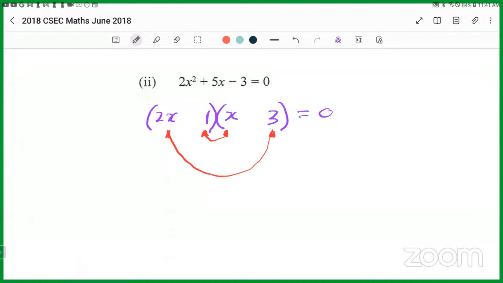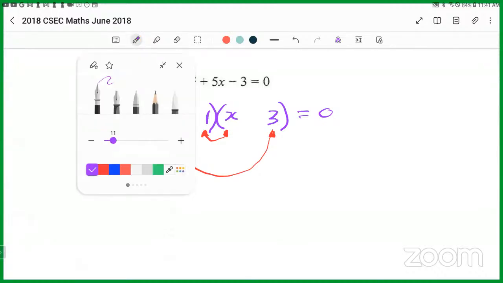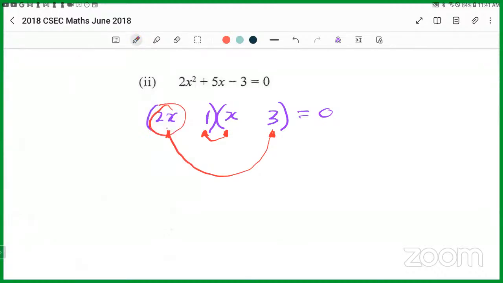I'm going to test the far product and near product again. This time, the far product out here is 6x, and the near product right here is 1x. The difference we want.